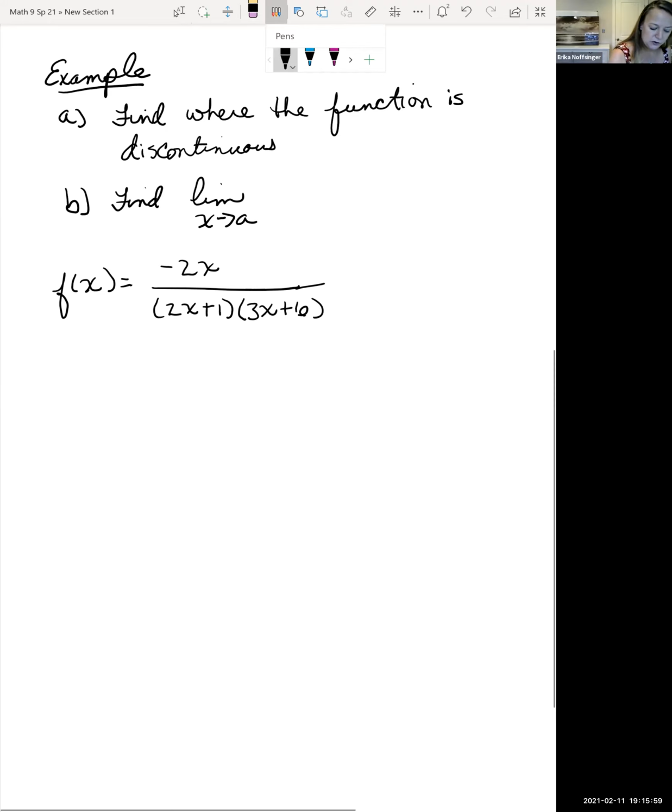And so we need to find values of x that set our denominator equals 0.